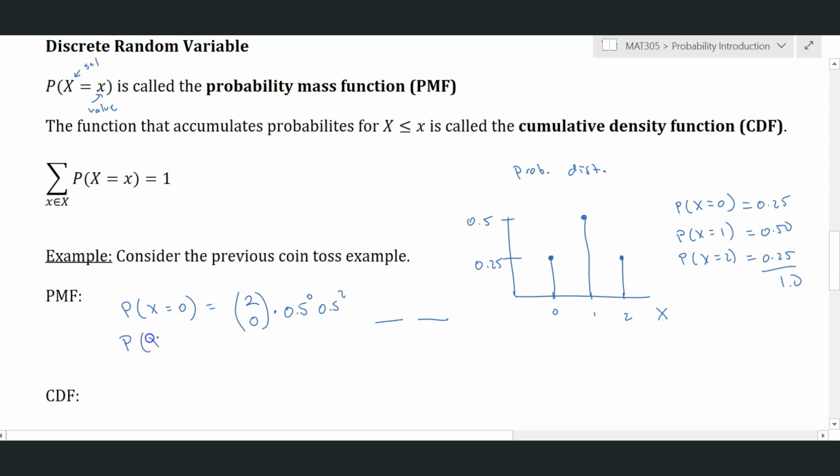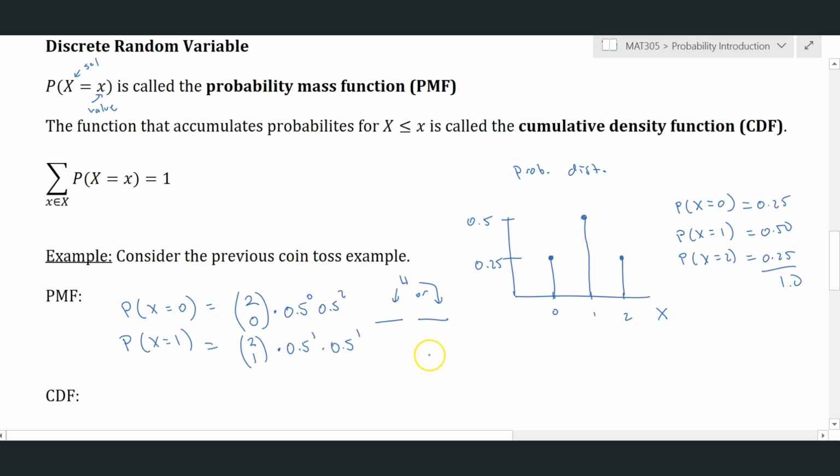The probability that I get exactly 1 head would be to say, out of these 2, how many different ways are there for me to pick 1 of the 2 slots and place a head in there? Well, I could either put the head here, or I could put the head here. And so there would be 2 ways to do that. I want 1 head and 1 tail.